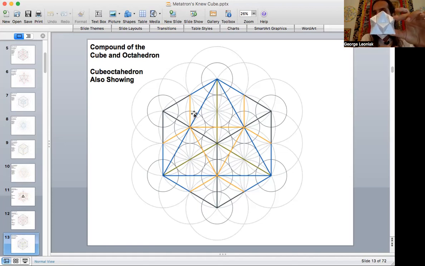So there's our octahedron. You can see it makes a hexagon, and as this edge comes down, it crosses the cube edge, and that's the intersection point right at the middle. So you can see if we truncated this all the way around, we would come all the way back down to our cuboctahedron, which would be looking like that, right?